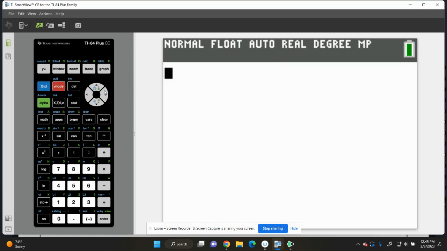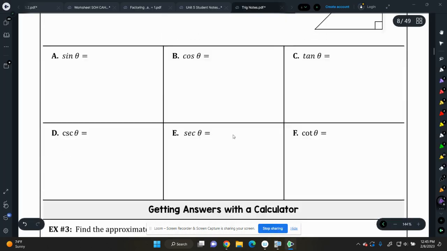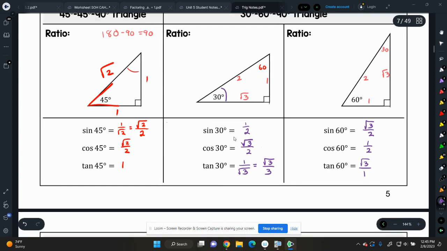To find the cosine of 30, if you look on your calculator, right above the parentheses, there's a cosine button. We're going to press cosine, and we're just going to put 30 in there. Okay, we get 0.866.